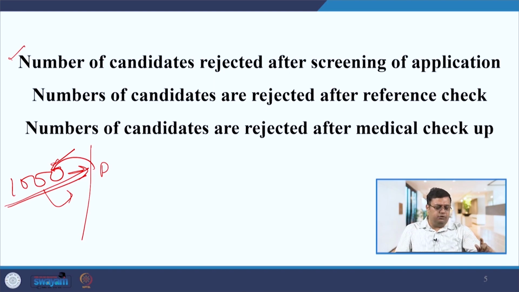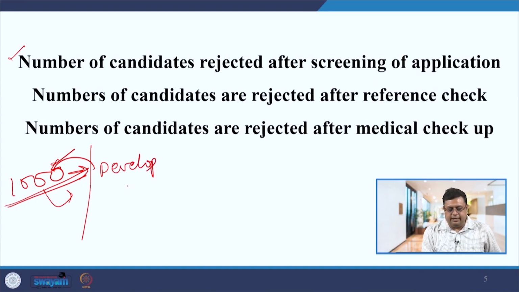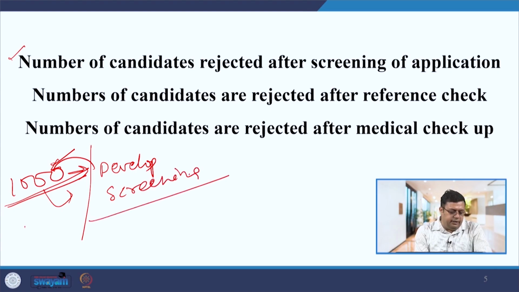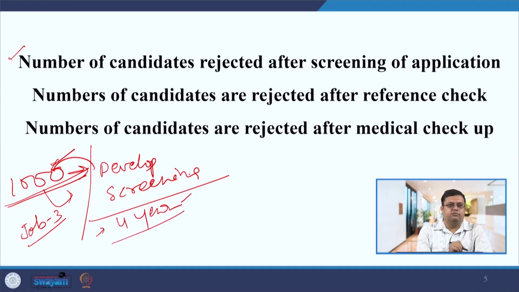So now you need to develop the screening criteria. For example, the job experience you had put is 3 years, but you make it 4 years. The moment you make it 4 years, a few applications will be reduced.